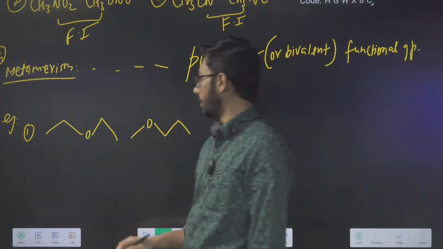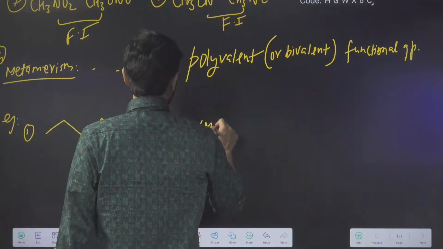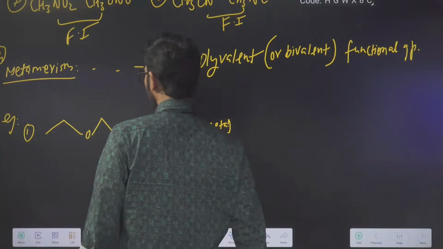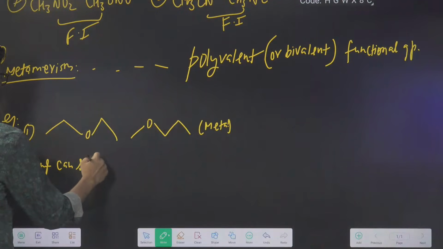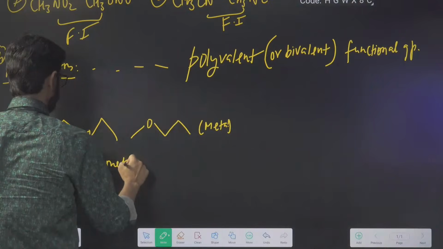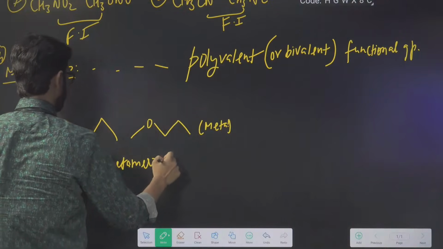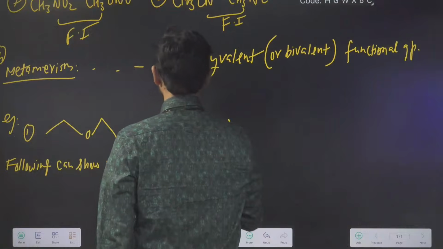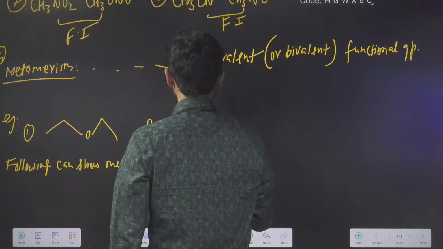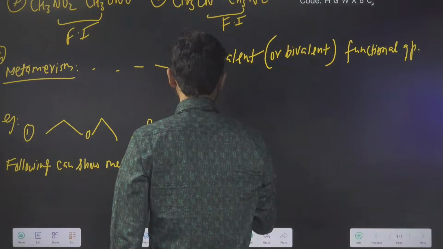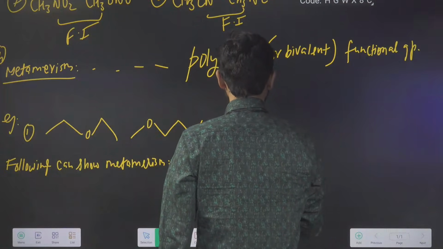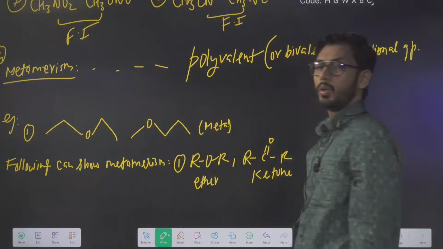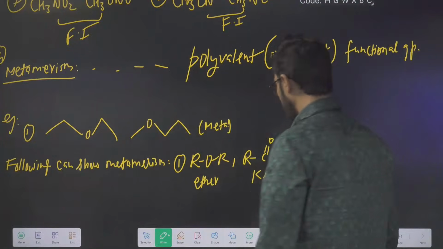Take this example of metamers, or you can write which groups can participate. The following can show metamerism: ethers, or ketones. In ketones, if metamer is not given, then we can mark position isomer also.